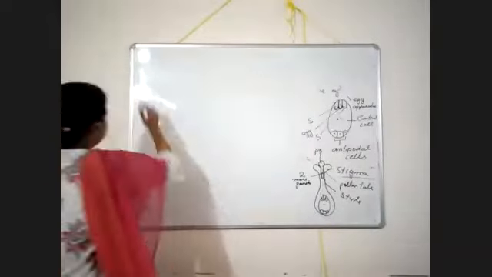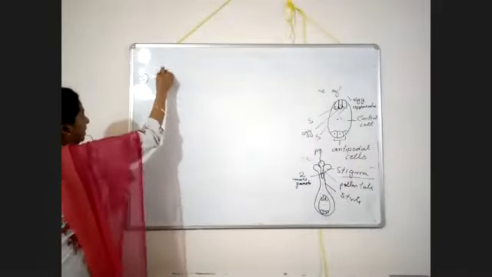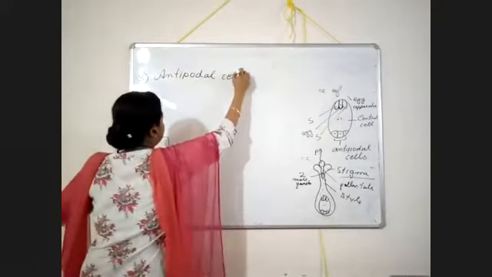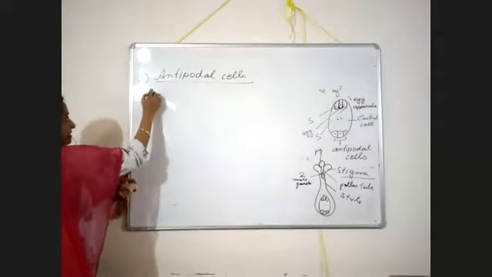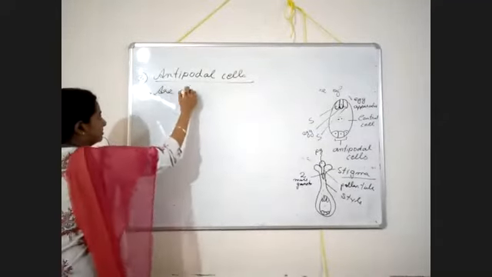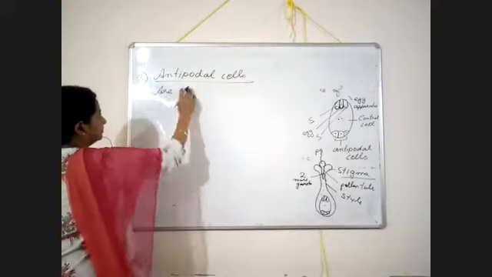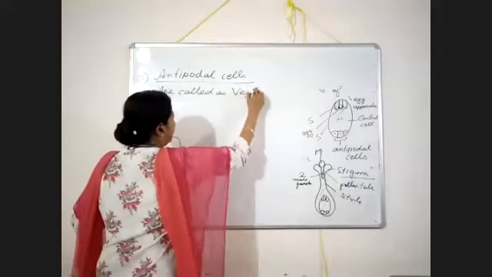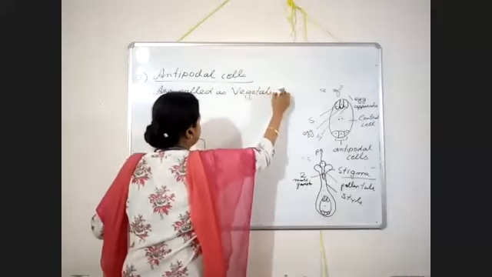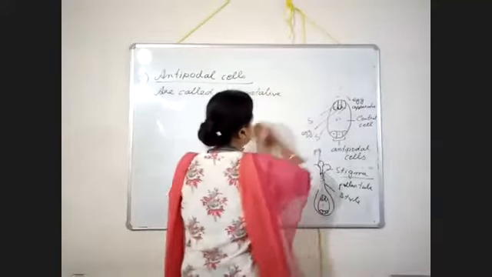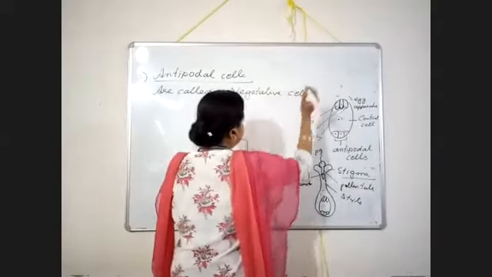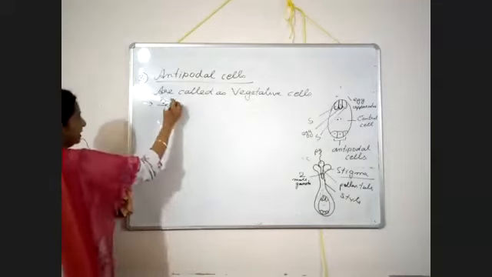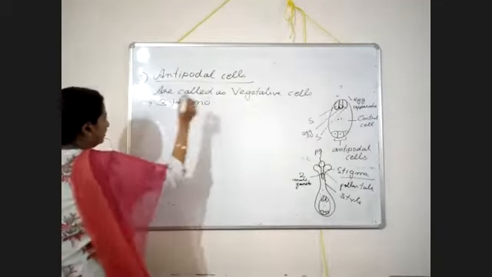Next, we have antipodal cells. Antipodal cells are also called vegetative cells. Right? How many are there? 3 in number.